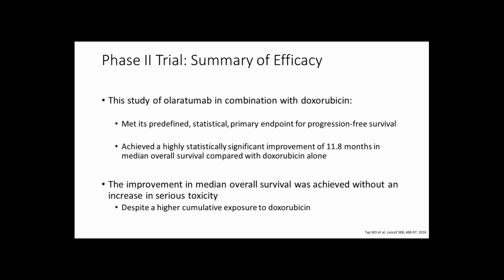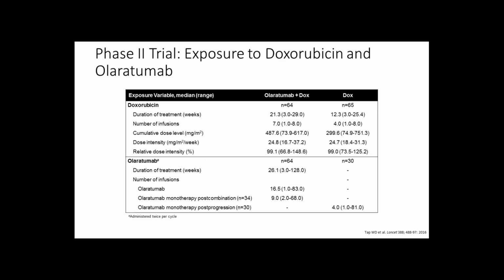So as I mentioned, patients in the phase 2 trial received 8 cycles of doxorubicin as opposed to the standard of 6 cycles. And this busy slide just illustrates the duration of treatment, the number of infusions, and the cumulative doses achieved in both arms of the trial.